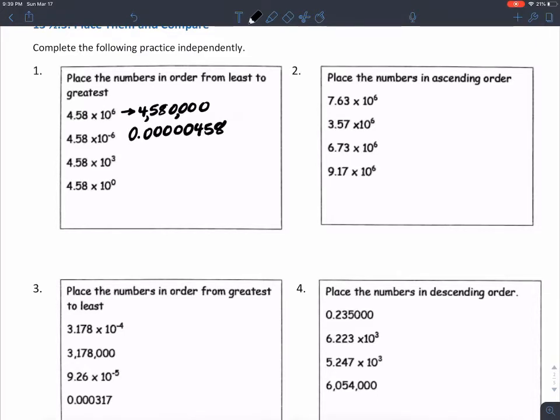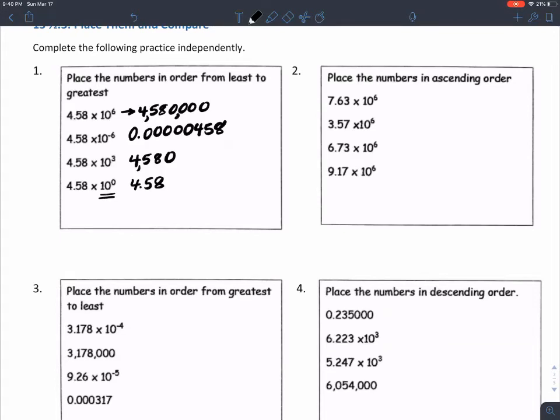And then for the next one, 4, 5, 8, that's 2, and 1 more for moving it, 3. And for the last one, anything times 10 to the 0 power is that anything back, because 10 to the 0 power is 1.